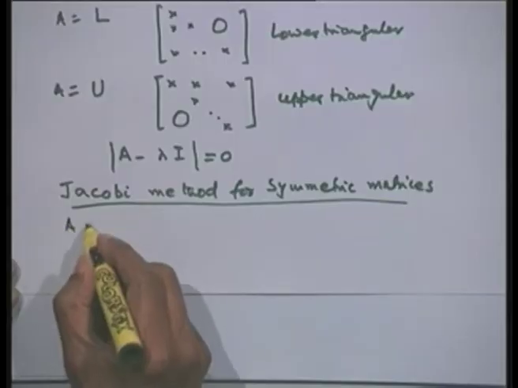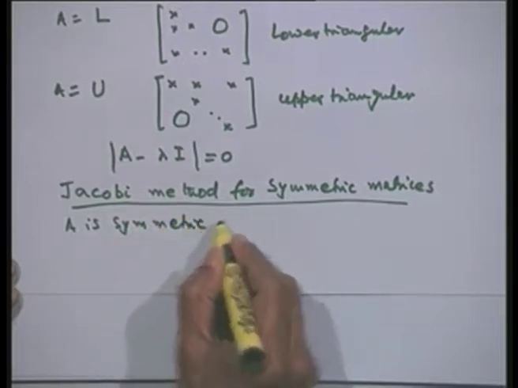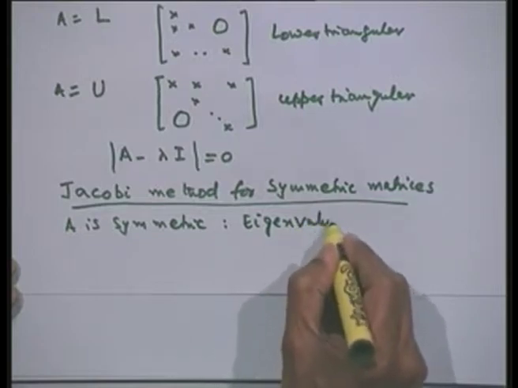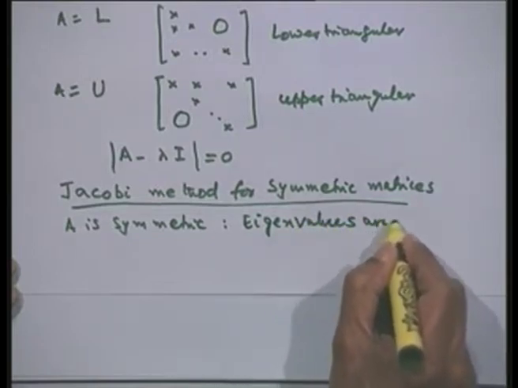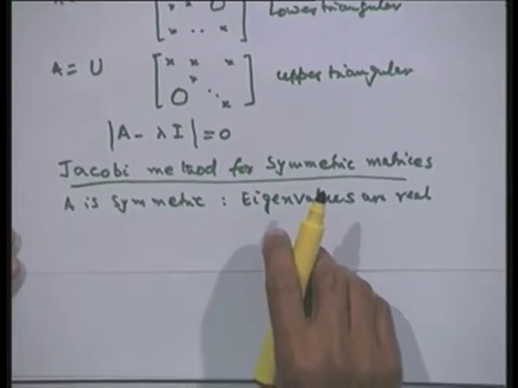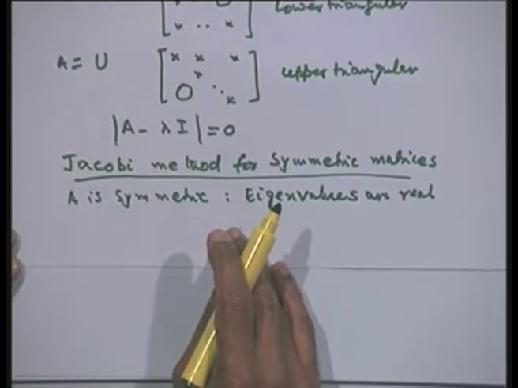We have earlier discussed some of the properties of symmetric matrices. One property is that all the eigenvalues are real. So, if A is symmetric, then eigenvalues are real. Secondly, there exists a similarity matrix which reduces A to a diagonal form.